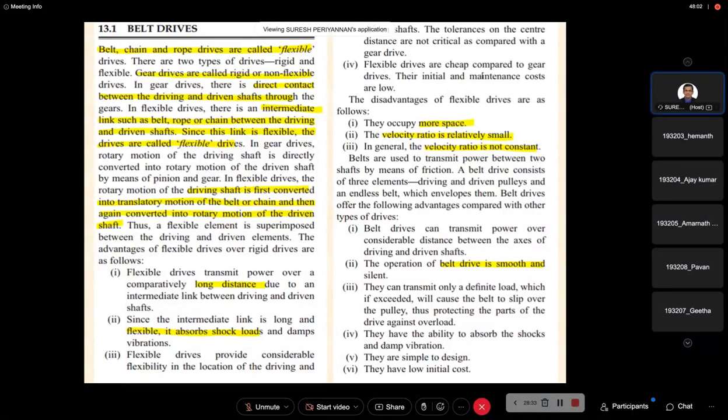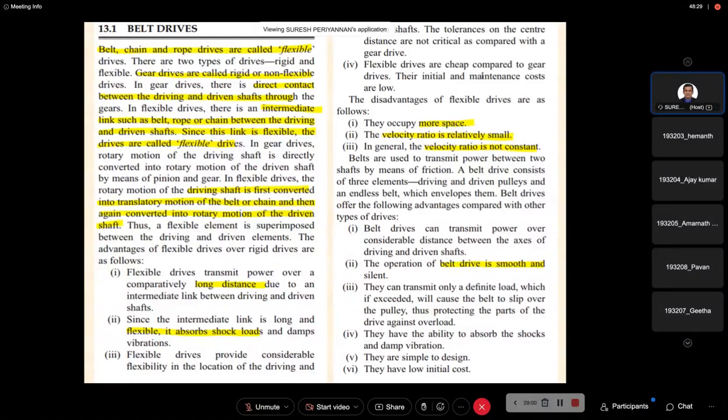Because the gears we design or machine are in a solid medium. But in a belt drive mechanism, it's not a solid medium. The belt is made of canvas, rubber and fabric material. So obviously it can be used only for less power transmission.